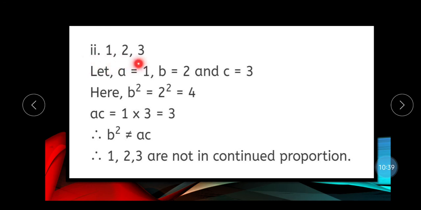Second one, 1, 2, 3. Let A be 1, B be 2 and C be 3. Therefore, B square is equal to 2 square is equal to 4. AC is equal to 1 into 3, that is 3. 4 and 3 are not equal. Therefore, B square is not equal to AC. Therefore, 1, 2, 3 are not in continued proportion.